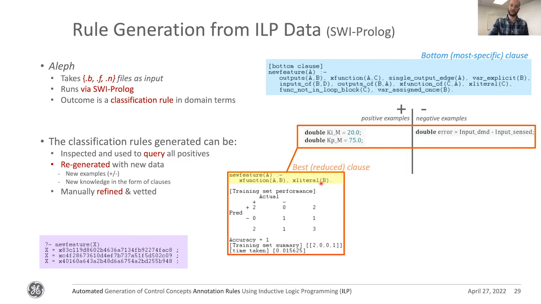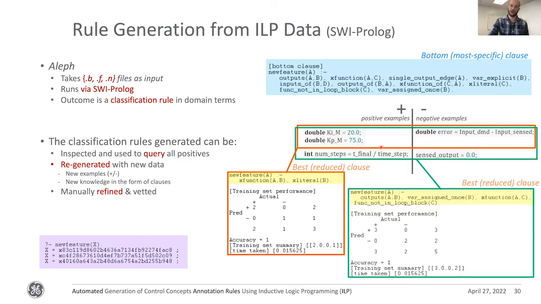So this is the second iteration, where we choose a literal assignment to something that is not constant, and we show another constant that is not necessarily a literal, and then we run it again, and we get a more accurate, new reduced clause. In this case, it says a feature is a constant if it outputs a variable that is assigned once, and it uses a function C, and that function is not in a loop block. Sounds much more accurate and makes more sense. So this is the process, and you can keep iterating until you're satisfied with the result.